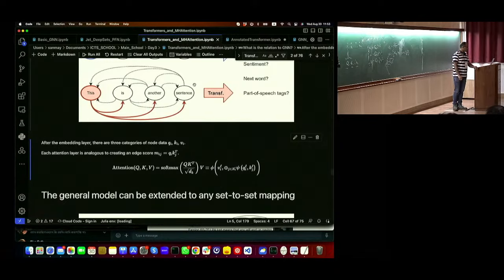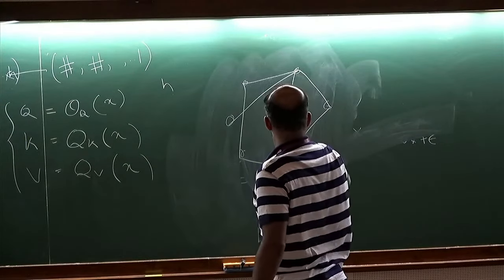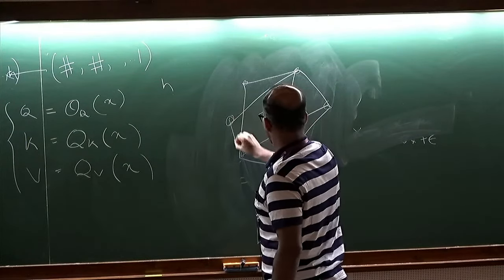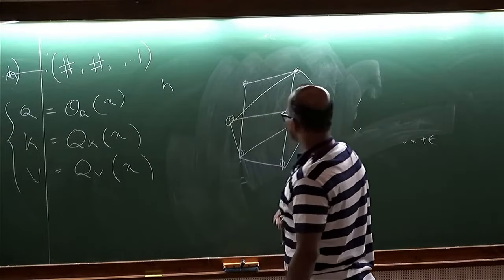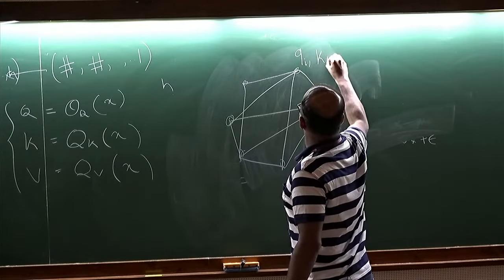Now, if you think of the following, in a graph where you have a fully connected graph for that set, then for each node, and you have a full connection, whatever way you want to do, you have three pieces of node data: Qi, Ki, Vi.